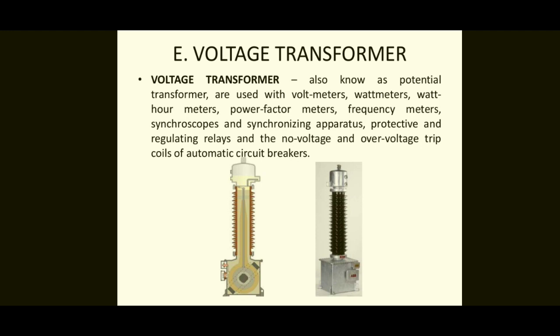So here in voltage transformer, on the secondary side we place the voltmeter, ammeter. These are connected in parallel with the transmission line, meaning the primary side is connected in parallel with the transmission line.